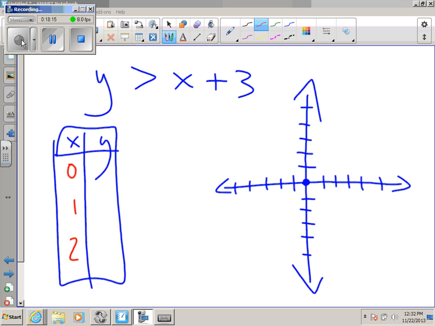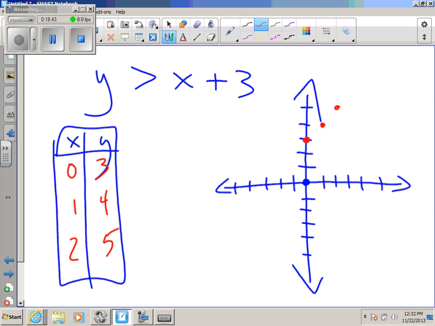Okay, stop talking and watch. Plug in 0, 0 plus 3 is 3. Plug in 1, 1 plus 3 is 4. 2 plus 3, 5. Here are my points: 0, 3; 1, 4; 2, 5.